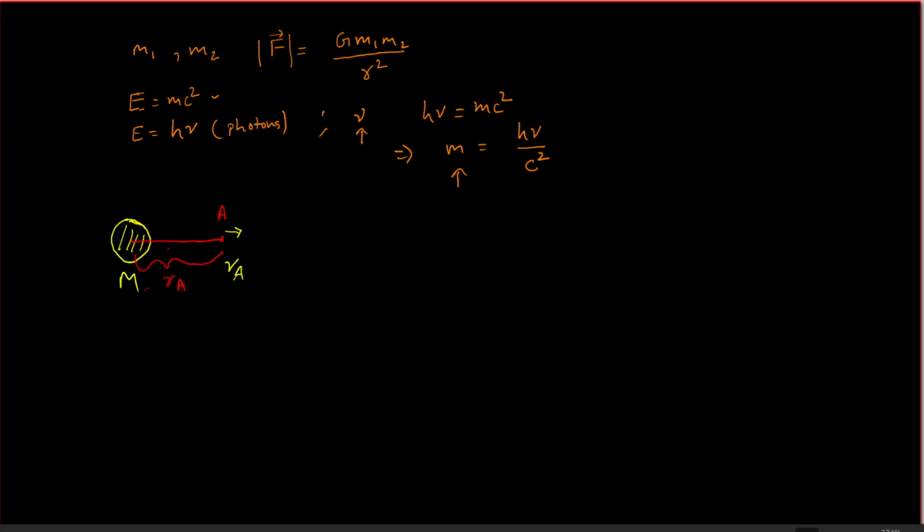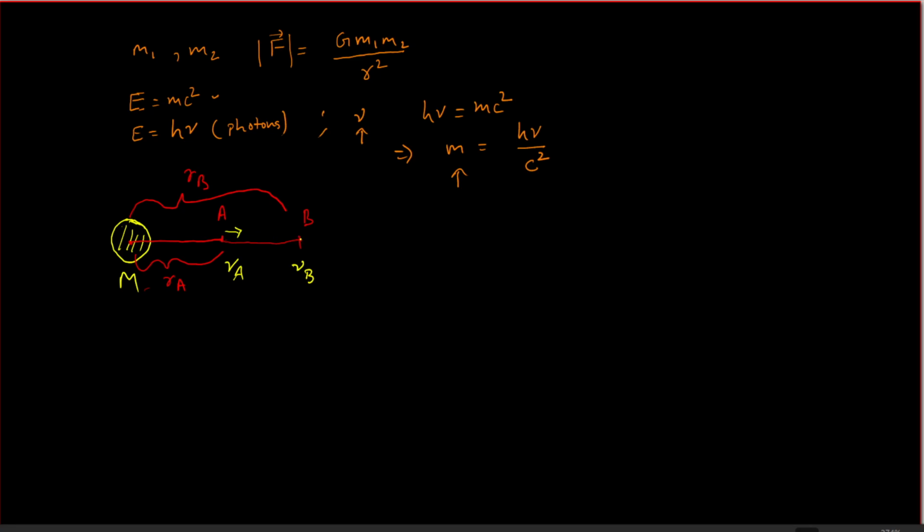Now at a distance RB from the center, at point B, we measure the frequency of this photon, and suppose this frequency is nu B. So this photon at point A was moving in the radially outward direction.